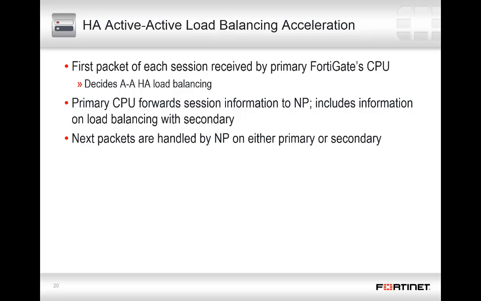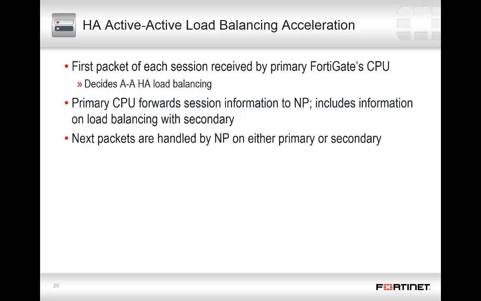In active-active HA, the primary FortiGate causes IP sessions to be load balanced to secondary FortiGates. If session was initiated with the primary, not the secondary, can NP accelerate this? Yes. Processing flow is identical to non-HA traffic until the CPU sends the session information to the NP.